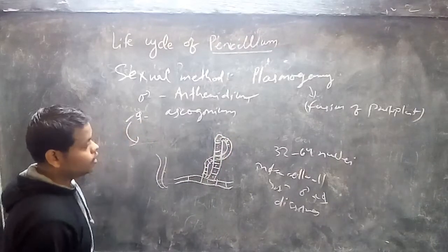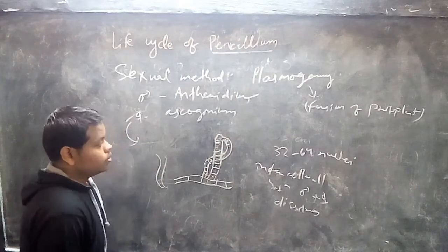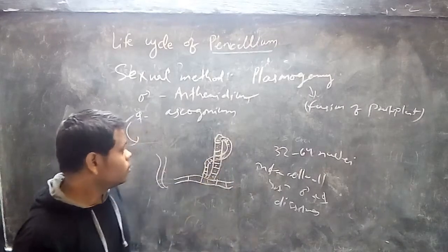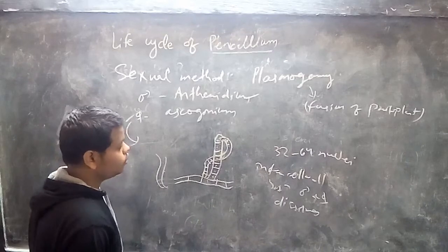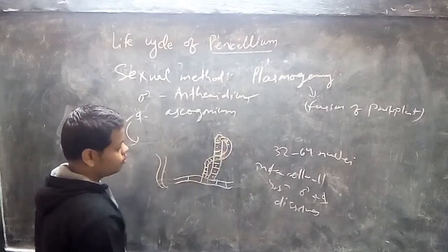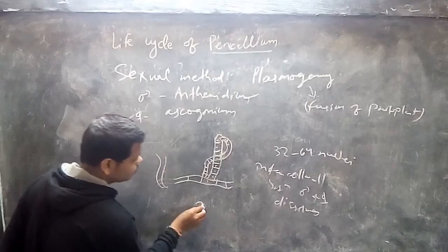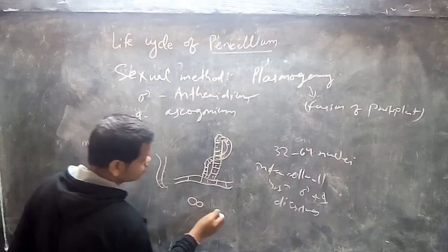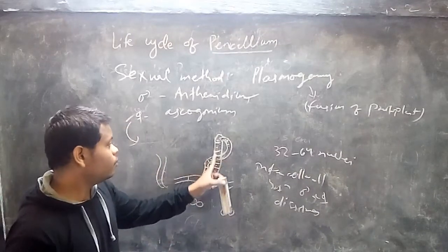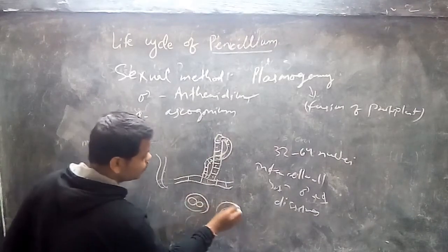Now, this fusion of protoplasts between the antheridium and ascogonium creates a stimulus which causes the nuclei of the ascogonium to be in a diploid condition.